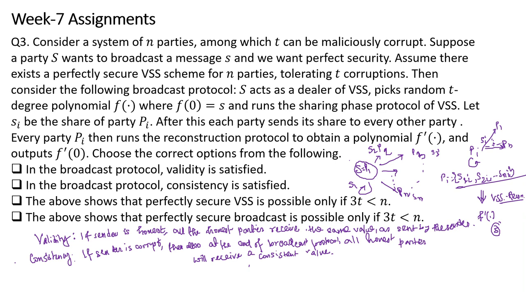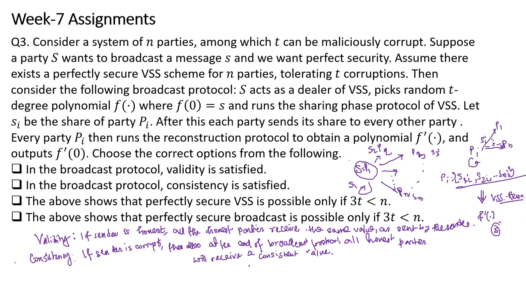If we assume that, then using that VSS protocol, we directly get a reliable broadcast protocol. So that means we can achieve a reliable broadcast protocol with n equal to 3t.